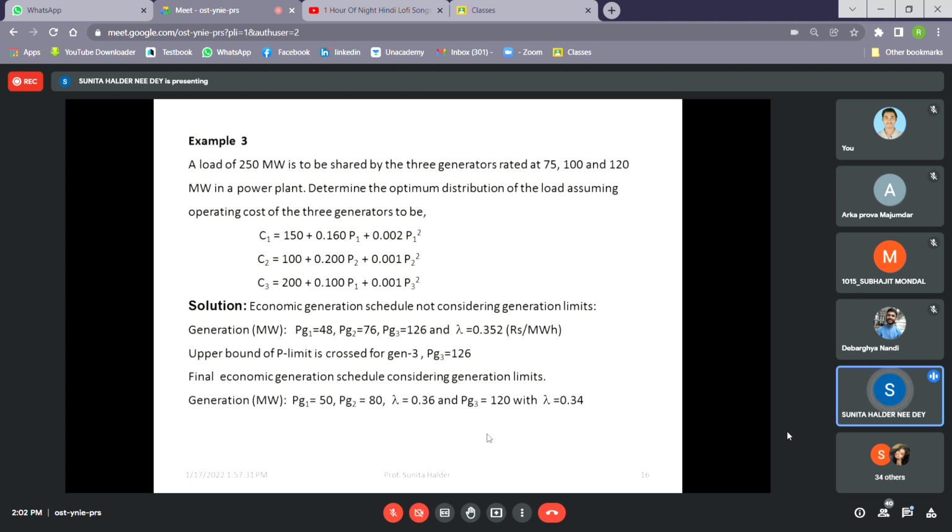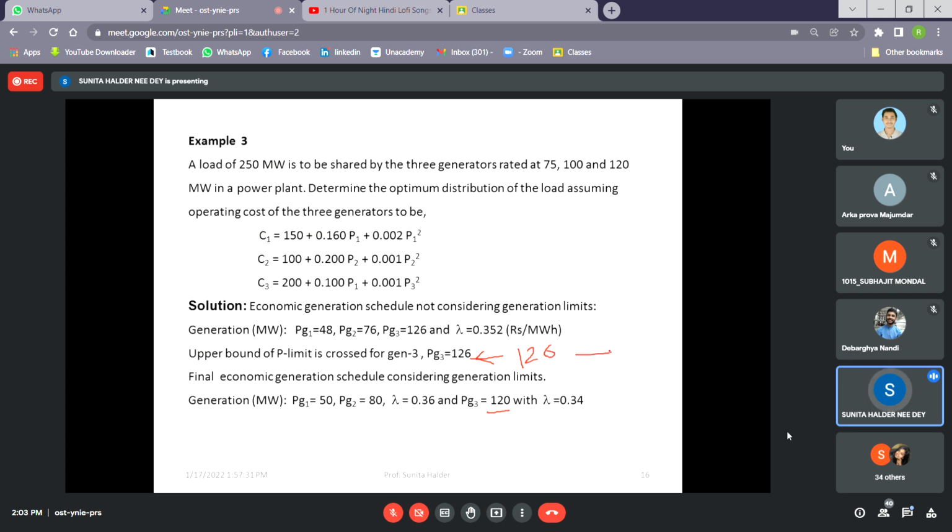This chapter is the easiest, I think, and the problems are like this. For your case it will come up to 3 generators only, but you should think about how to impose the limit. Say, when 120 has hit the limit, we have fixed it to 120, right?